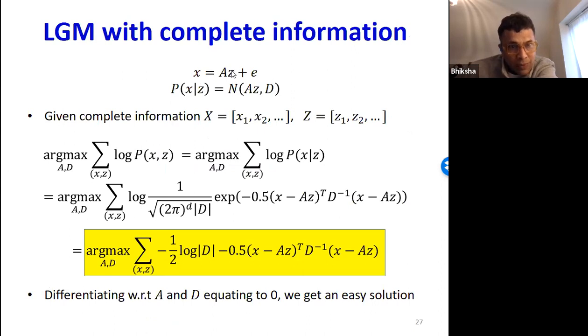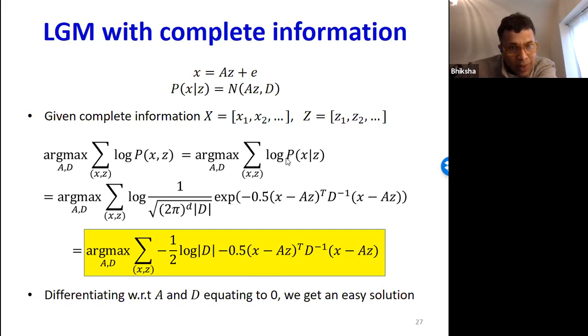Suppose I know z for every data instance. Then because z is already known, the only thing left unknown is e. So the log likelihood of the total training data is going to be the sum over all training data pairs of the log probability of x given z.